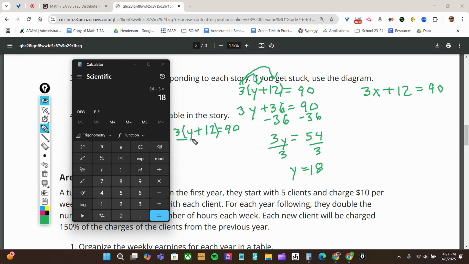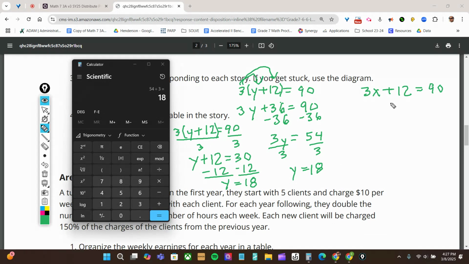You could first divide this by 3 and then divide this by 3, and that gives you y plus 12 equals 30. And then minus 12, and that will give us y equals 18 as well. Okay, so there's two ways to do that.